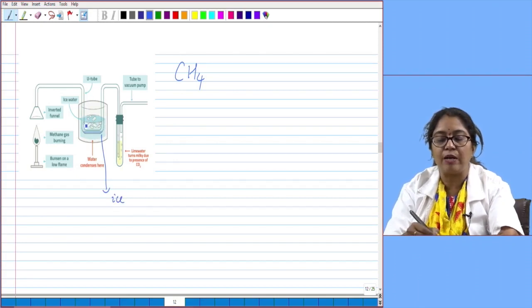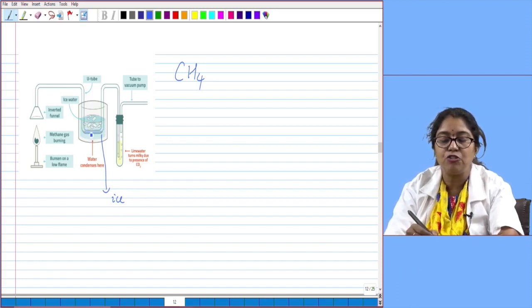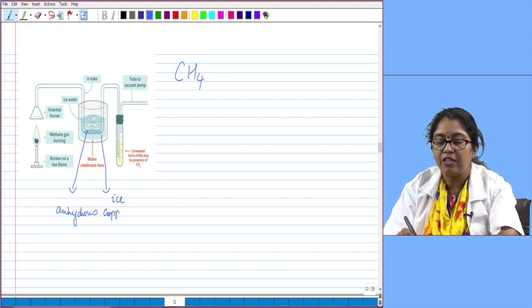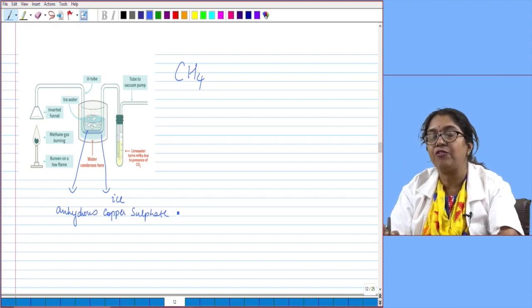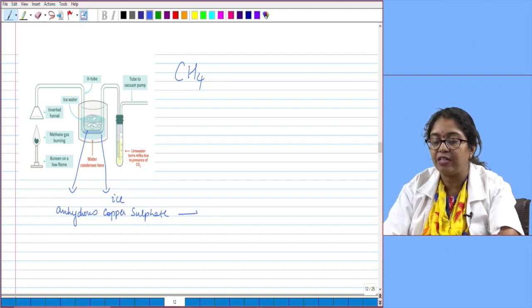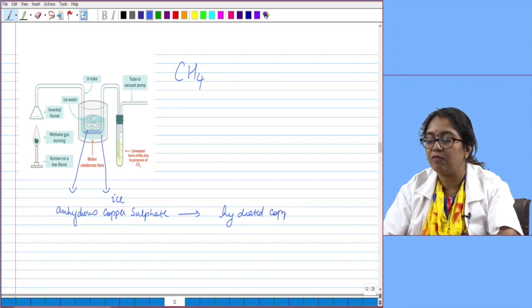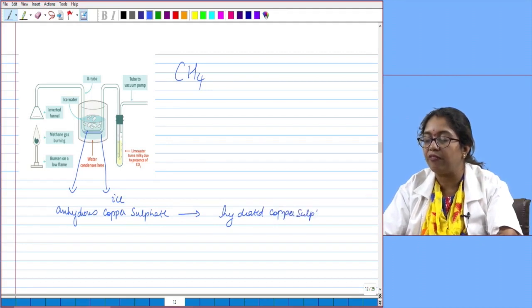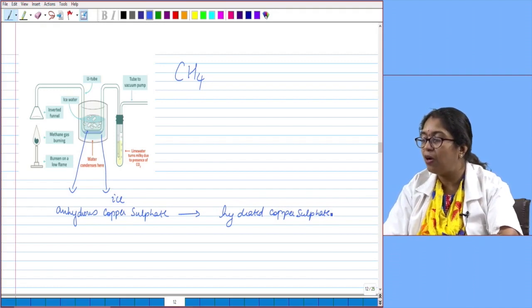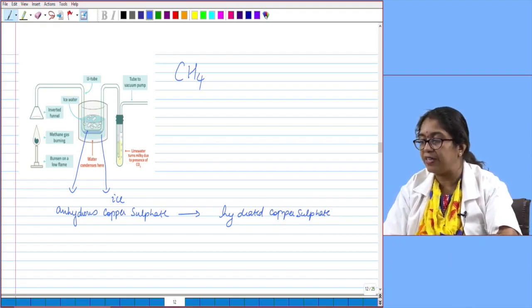When the gases come in contact, in this tube we can place anhydrous copper sulfate. Anhydrous copper sulfate is white in color, children, and when it combines with water, it turns blue. So anhydrous copper sulfate changes to hydrated copper sulfate. Is that clear?